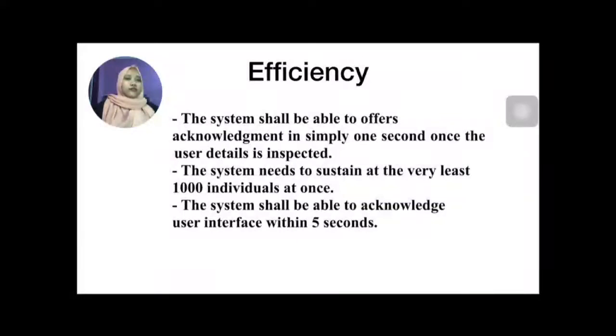Next is efficiency. The system should be able to respond within 1 second once the user details are inspected. The system needs to sustain at least 1,000 users at once to make the system very efficient, and it should be able to respond to the user interface within 5 seconds.